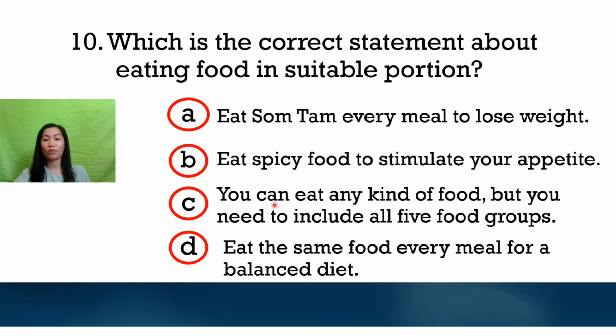So which is the correct statement? Is it letter A, B, C, or D? And now, if you already know the answer, you can write it on your notebook. And let's move on to the next question, which is number 11.